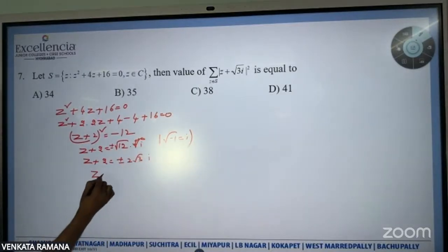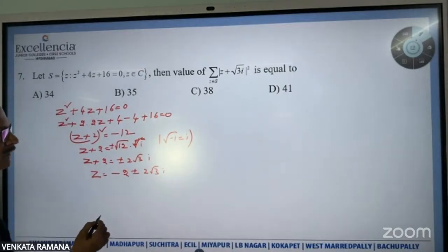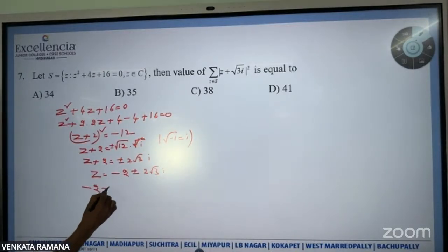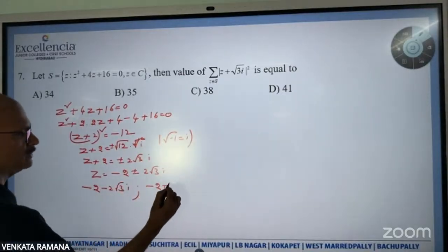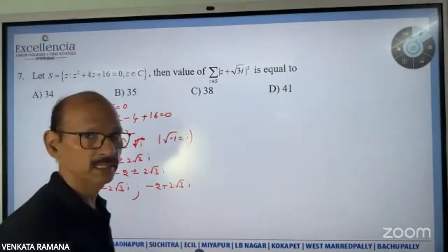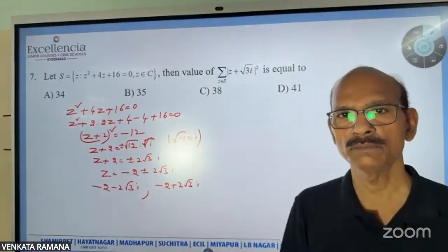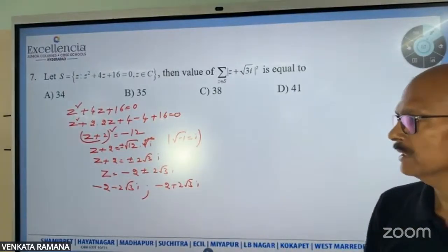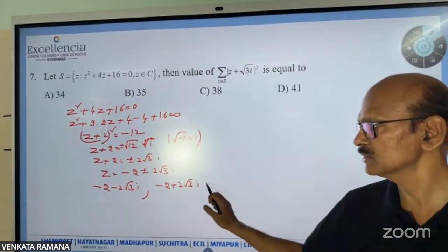So therefore Z equals minus 2 plus or minus 2 root 3 times i. Two values we can expect: minus 2 minus 2 root 3i and minus 2 plus 2 root 3i. So in total we get two values by simplification of the given complex equation.